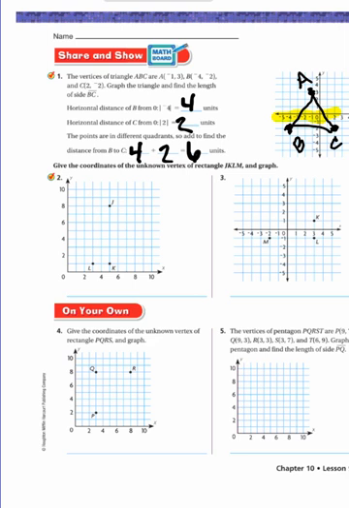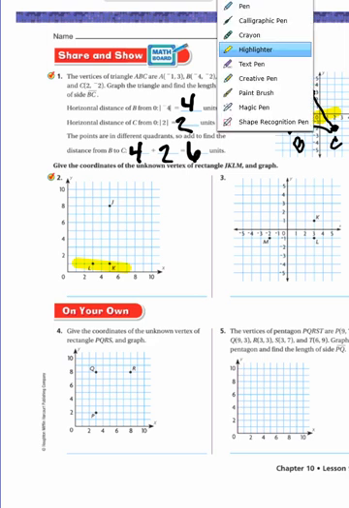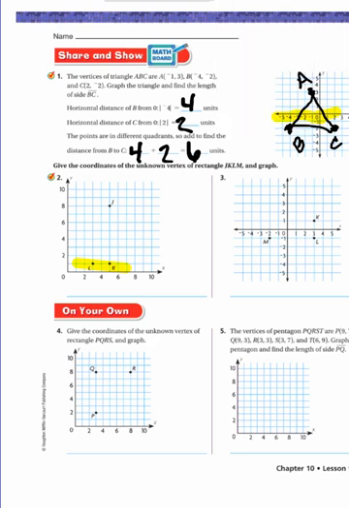So let's look at the relationship between L and K. L is 2 units away from K. L is 3, 1. And K is 5, 1.